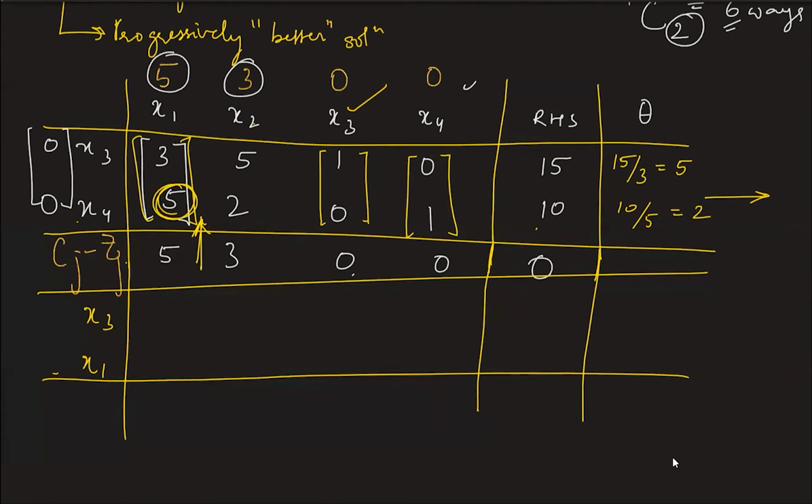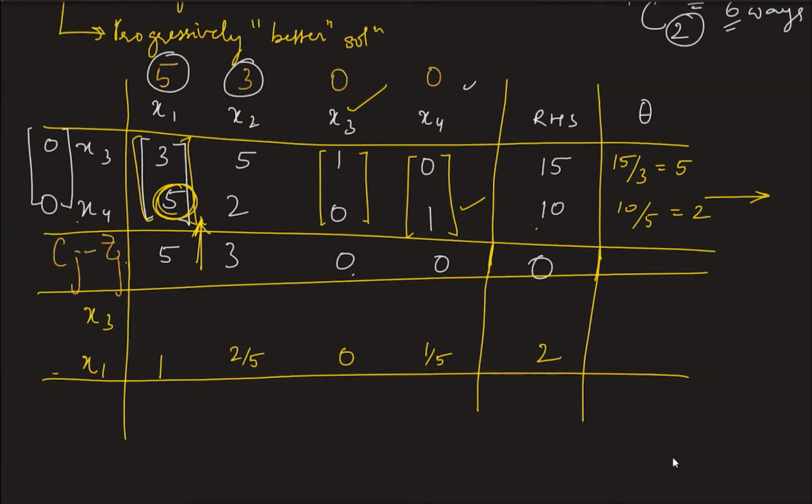So x1 is having 3 and 5. We have to attempt to make it 1, 0. Because x4 leaves, it's actually 1, 0 in place of x4. So to make this 1, we divide the whole row by 5. So that will be 1, 0, 1 by 5, 2.